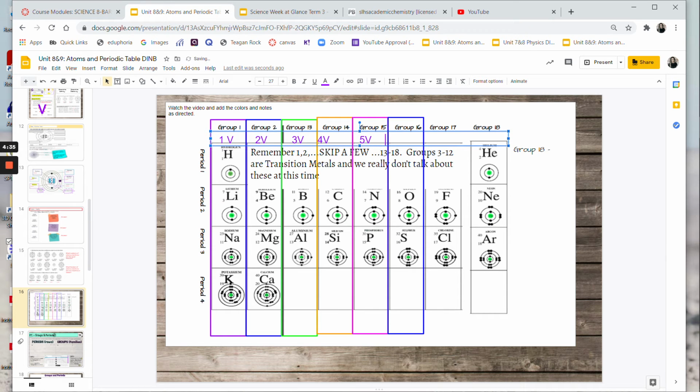So oxygen has 6 valence electrons, and sulfur is going to have 6. Everybody in group 16. So I just gave you 2 as an example. Everybody in that group will actually have the same amount. Let's go over here to 17. Okay, 17 is going to have 7 valence electrons. If you count fluorine and chlorine, they both have 7 valence electrons.